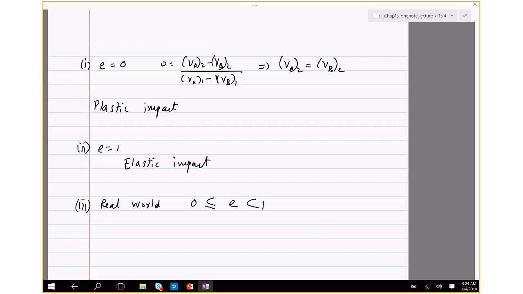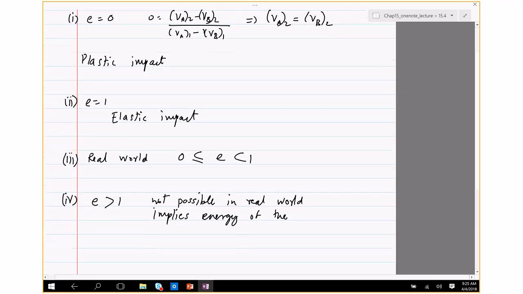What does it mean to have E greater than 1? It means that the energy of the system increases after collision.